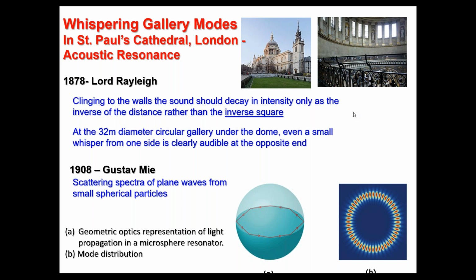Why is it minimum? It can propagate because the resonance is happening there. That was for acoustic waves. But similarly, optical waves can be resonated. They can be very well contained in a structure like this, any spherical, circular, dielectric structure.